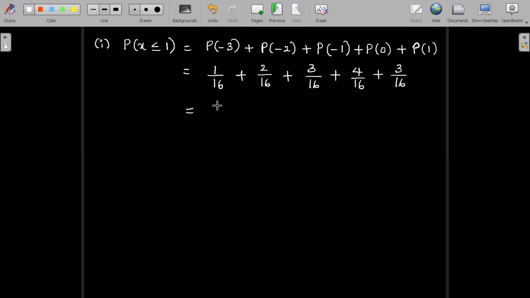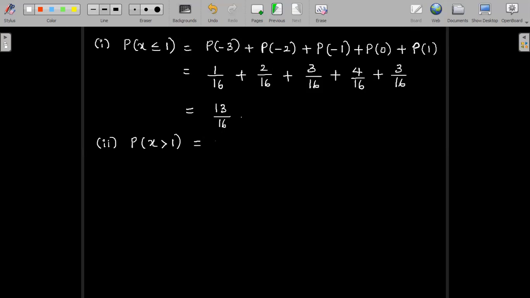So the sum here is equal to 13 divided by 16. We had a common denominator, so summing up all the numerators gives 13 by 16.